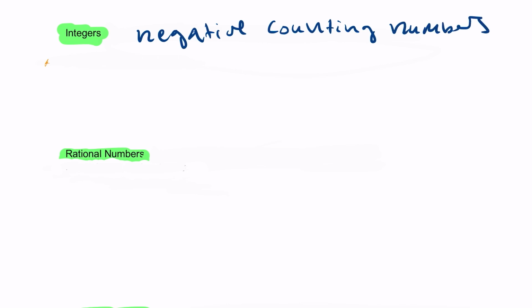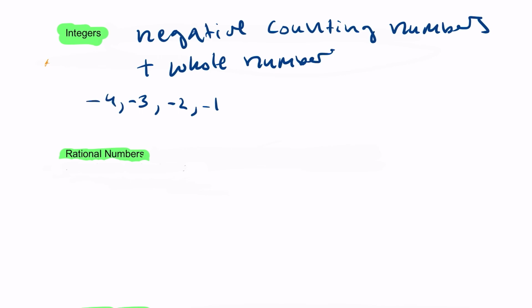So the negative counting numbers are negative 1, negative 2, negative 3, negative 4, plus the whole numbers, which are 0, 1, 2, 3, 4, 5, 6, and so on.